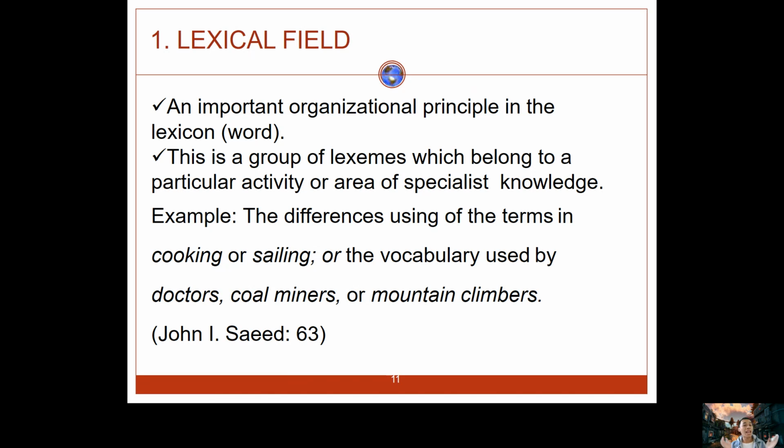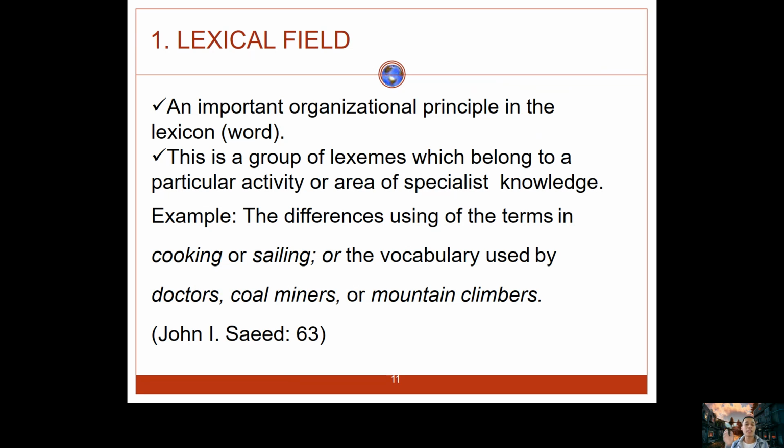Okay, let's move to the lexical field. This is an important subtopic, an important organizing principle of the lexicon or vocabulary. It is a group of lexemes which belong to a particular activity or area of specialist knowledge. For example, the terms used in cooking or sailing, or the vocabulary used by doctors or mountain climbers.